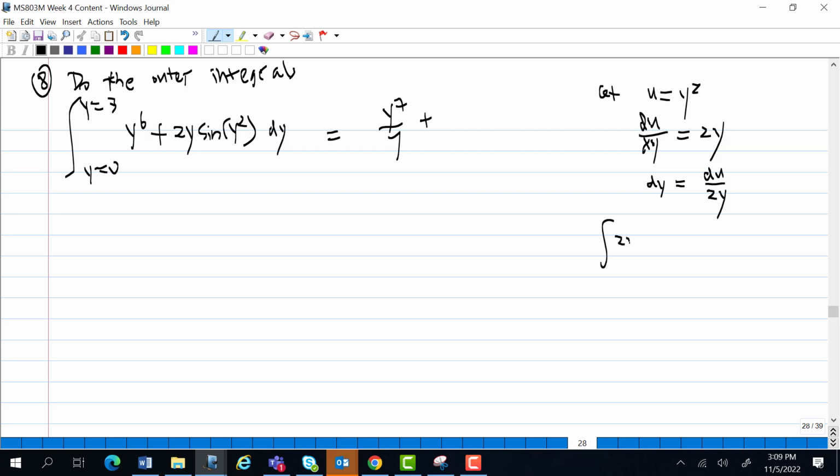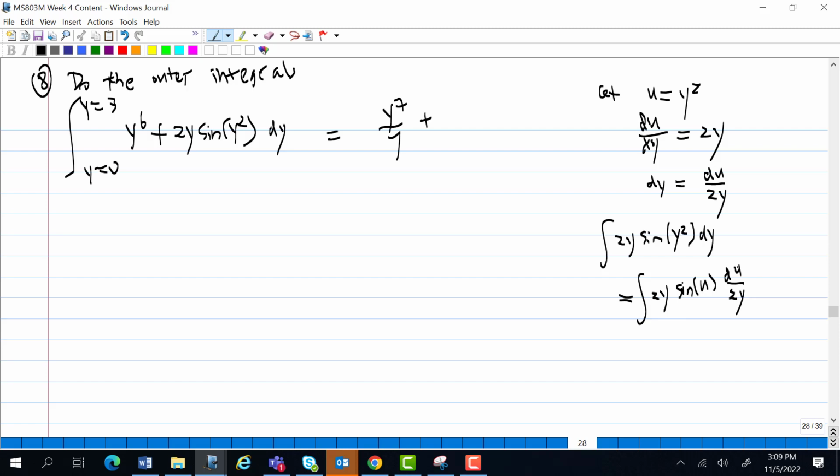So 2y sine y squared dy by substitution is 2y sine u, and dy is du over 2y.